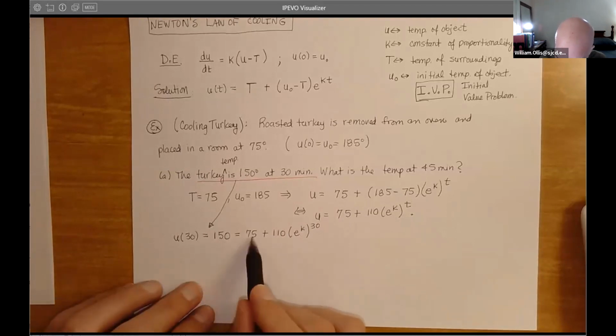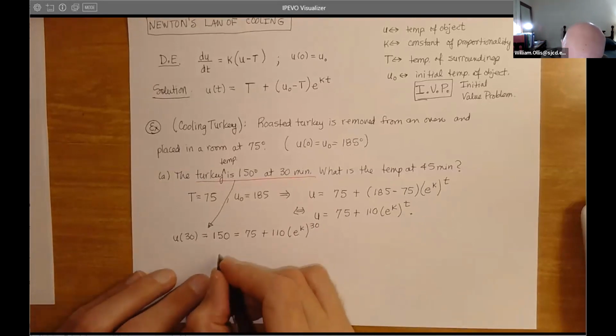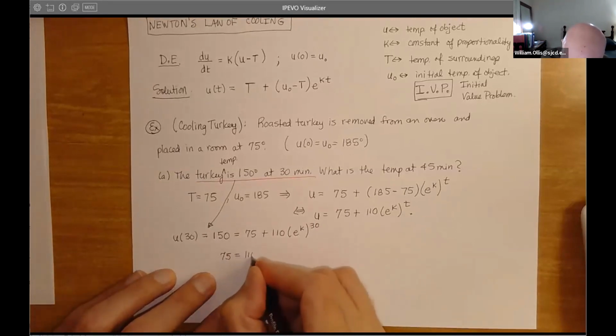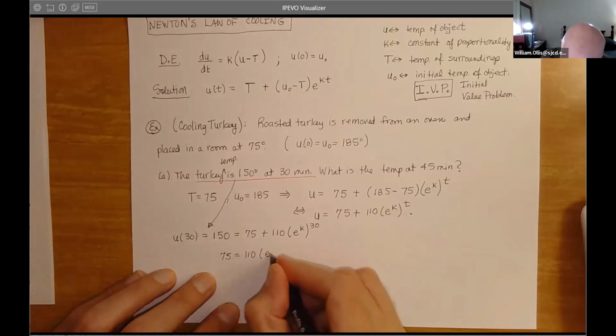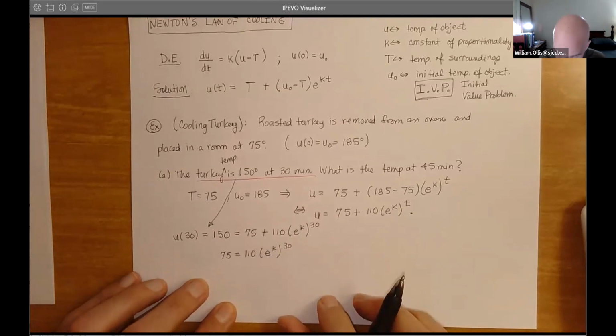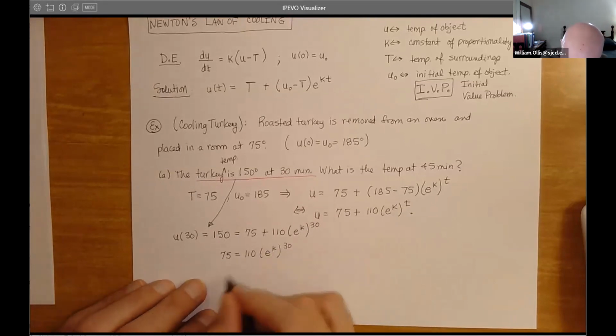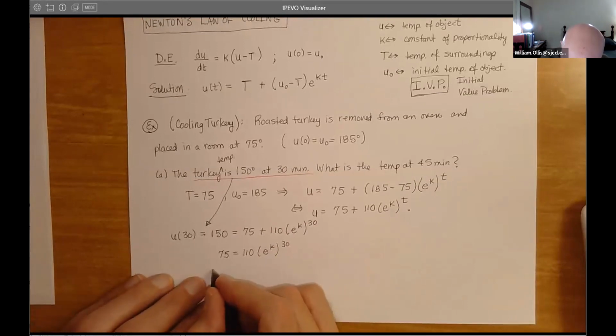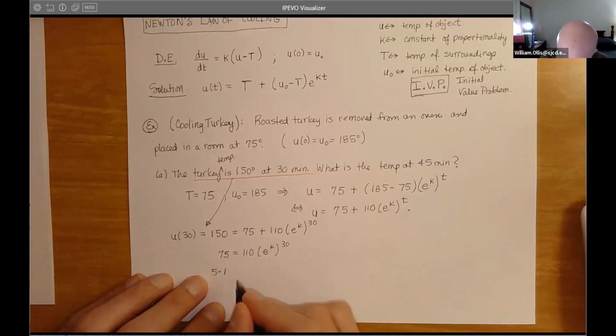So now we've got what? Subtract here, 75 from 150 is 75. 75 equals 110 times e to the k raised to the 30. And so now let's just go ahead and do this. So we've got what, 5? So that's a 1.